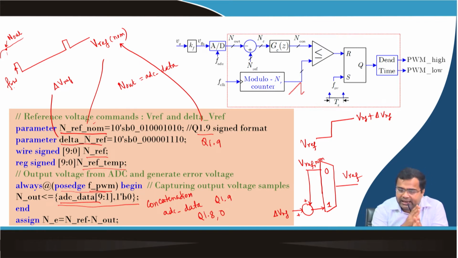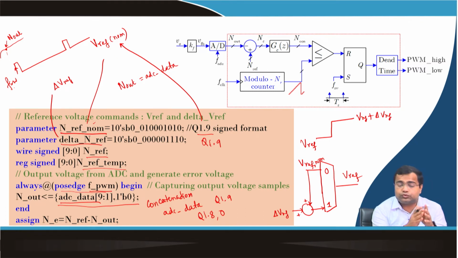So, we are intentionally reducing the LSB and padding with 0, so that we decrease the resolution. Why is it needed? Because in digital voltage mode control, we need to make sure the resolution of the DPWM should be finer than the resolution of the ADC, and that is why we are discarding a bit from the 10 bit data. Okay, so that is why we are padding.